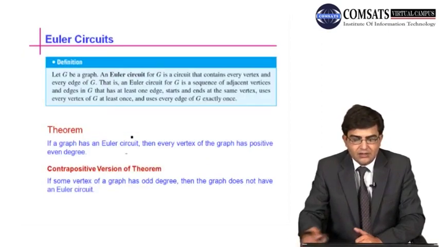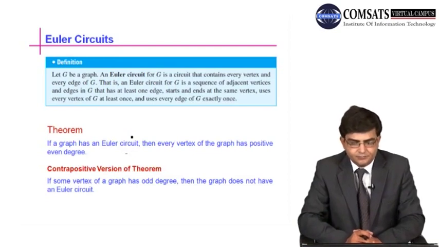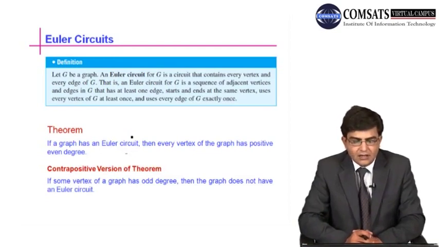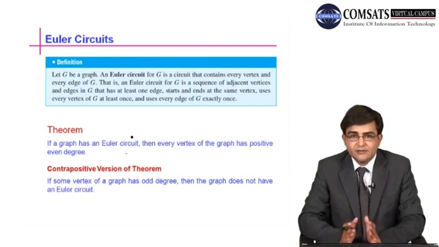So what is an Euler circuit? Let G be a graph. An Euler circuit for G is a circuit. Here an Euler circuit is first a circuit, that is, the starting and ending point are the same.